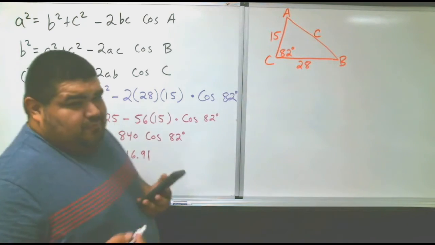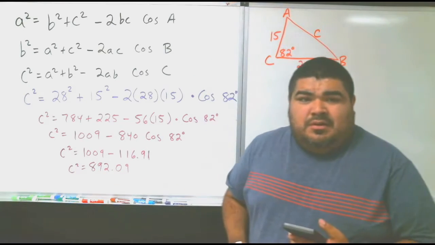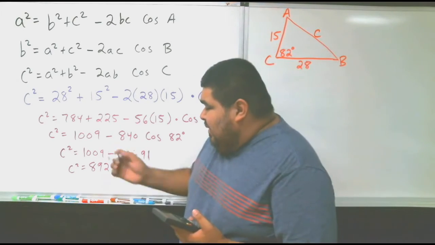Since we are solving for c, remember, we have a square, so we have to get rid of the square by doing a radical.